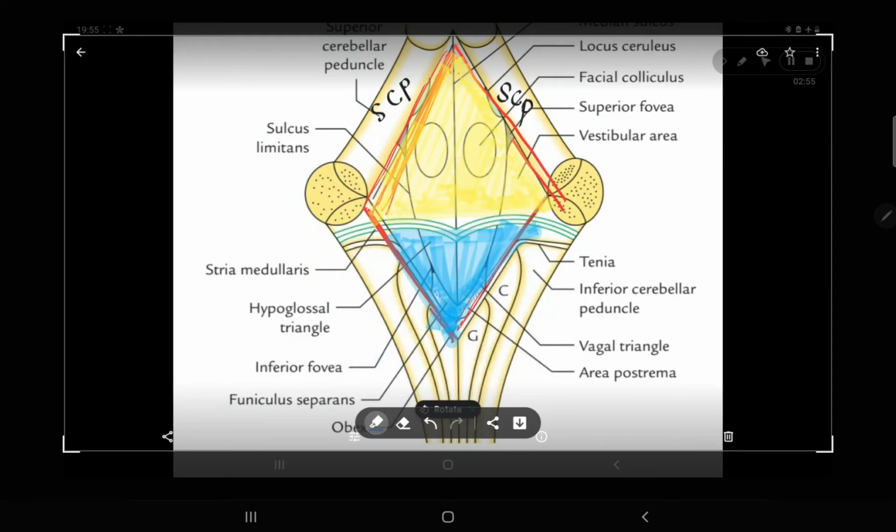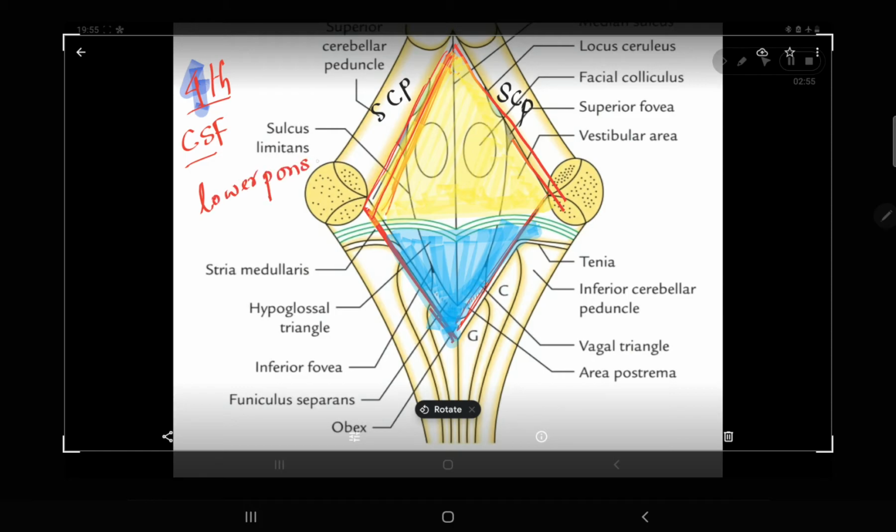Already I told you that the fourth ventricle is nothing but a CSF filled cavity within your pons and medulla. This much portion is your lower pons, and this blue colored area is your upper medulla oblongata.